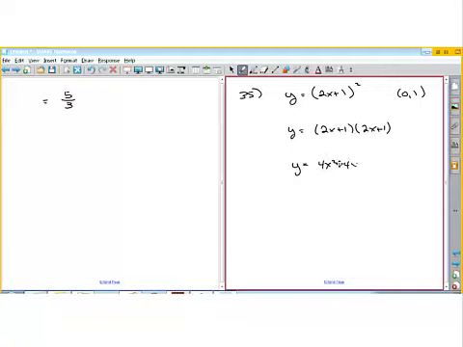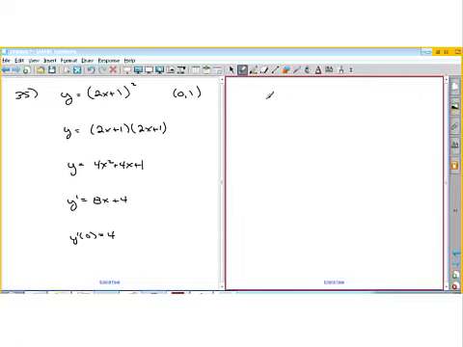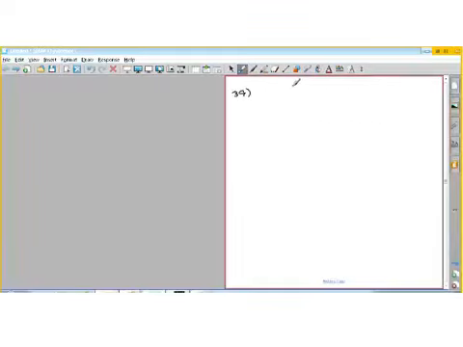And now we use FOIL. Okay, so now we can take the derivative easily. So that's the equation for the derivative y prime. So y prime at x equals 0 is just going to be equal to 4 because the first term drops out. It goes to 0.